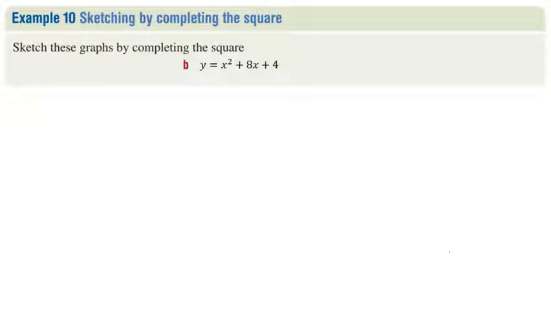Alright, another example. So I first need to find half of b, squared. So that's 4 squared, which is 16. So I add that into the middle of my equation and take it away. Plus 16 take 16 plus 4.